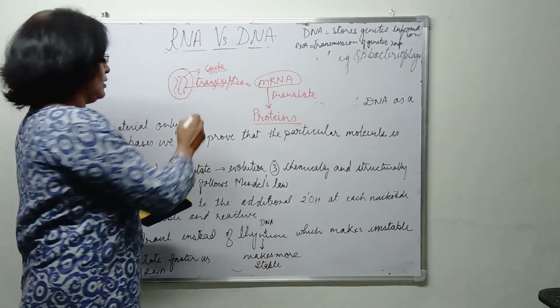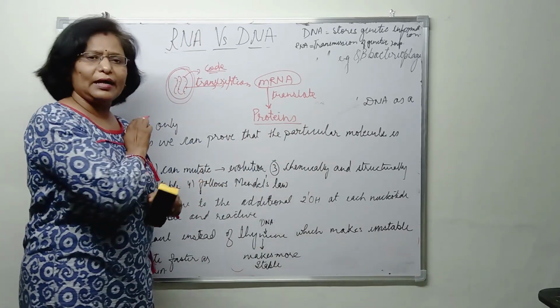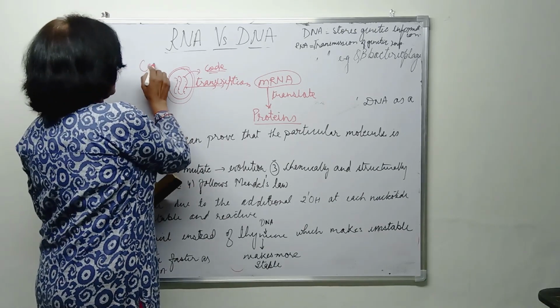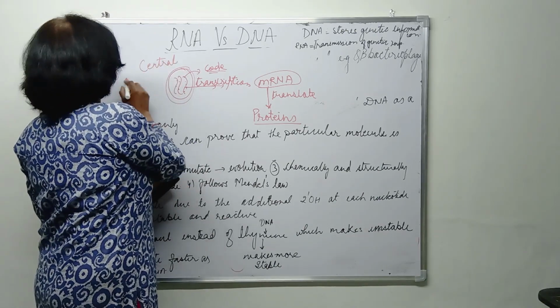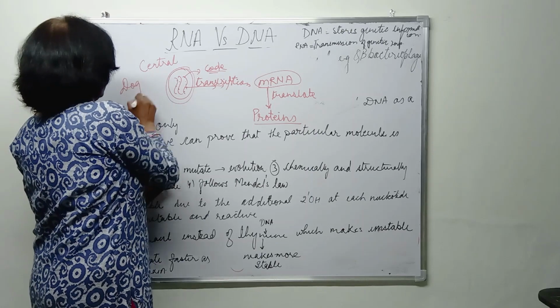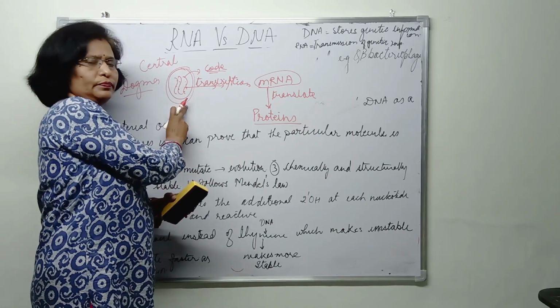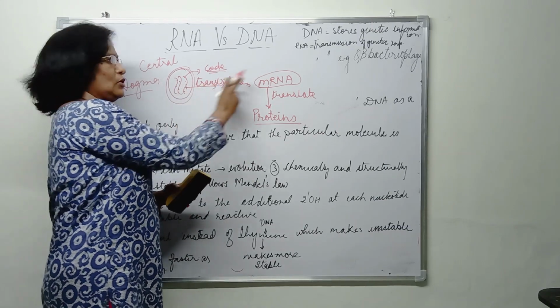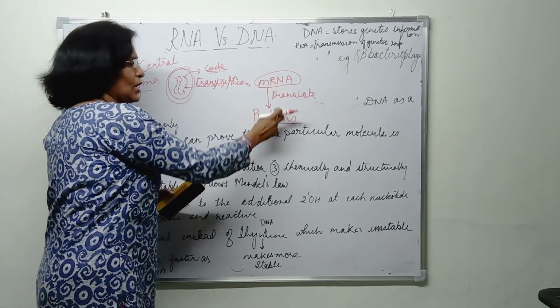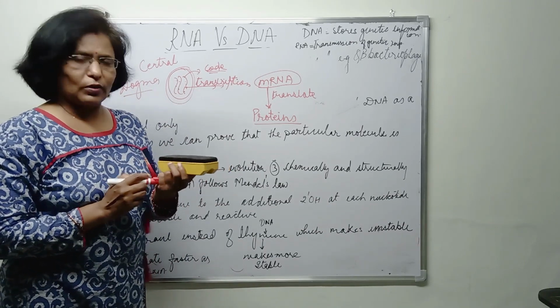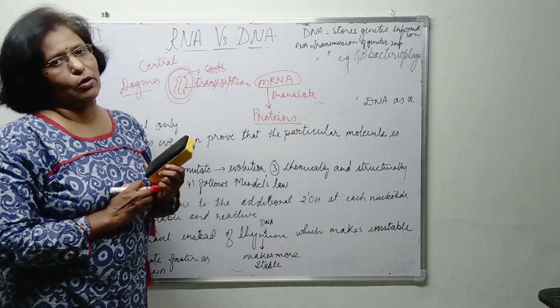In this way, DNA is the head, called the central dogma, which stores the genetic information and gives the information to messenger RNA. Messenger RNA is translated into protein and regulates all the metabolic activities.